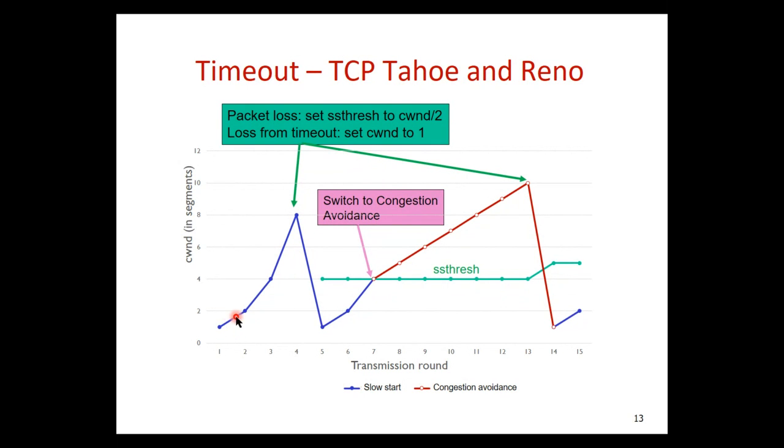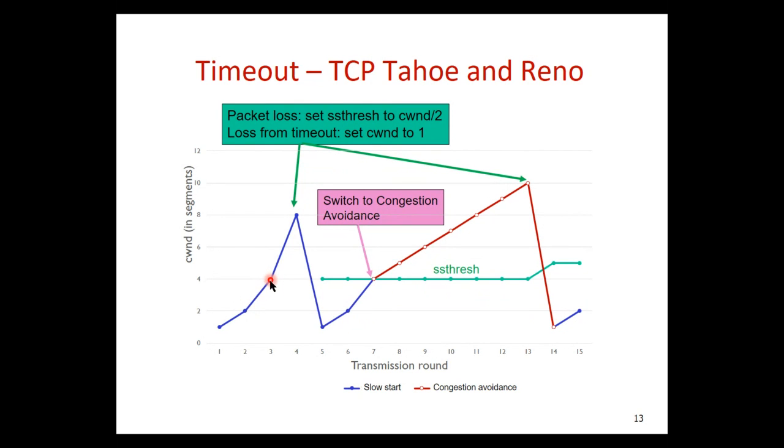So now CWND is 2. Because the window is 2, the sender is allowed to send 2 packets. Again, I assume that there will be an ACK for each of these 2 packets, so each of the ACKs will increment CWND. And now CWND is 4 after 1 round trip time.